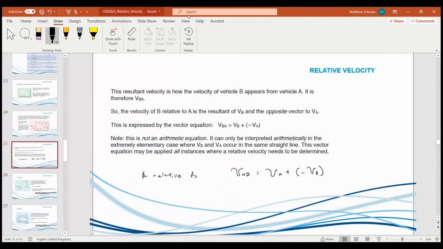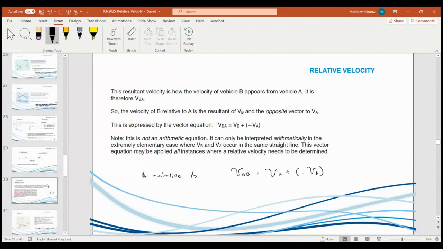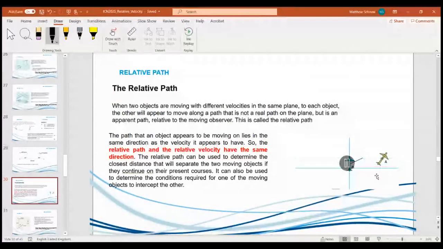You might ask, Mr. Skull, what does this look like? An idea of this is over there. You see that plane over there? Can you guys see it? B is standing still, and you can see how A is moving with respect to B.